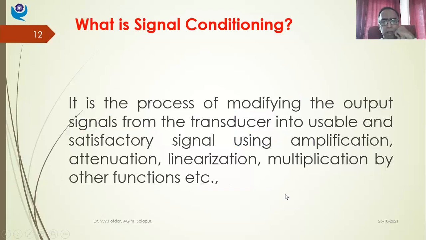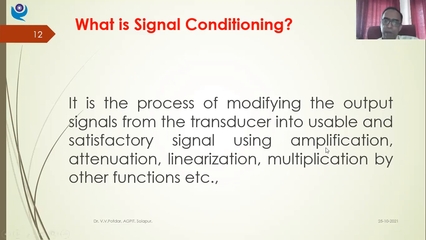It is the process, listen to me very carefully, of modifying the output signals received from the sensor transducers into a usable and satisfactory signal for whom? For the controller, or for the display. How is it done?